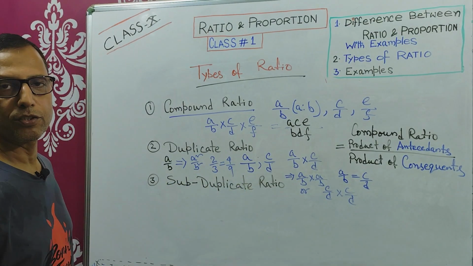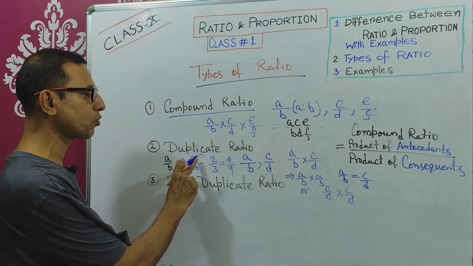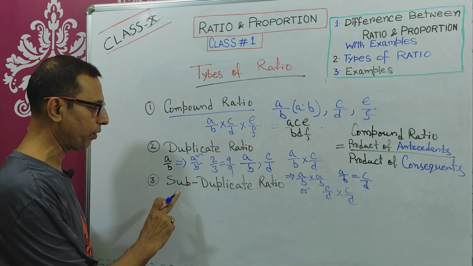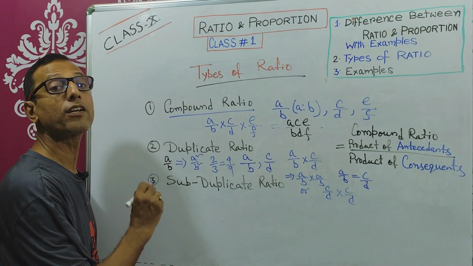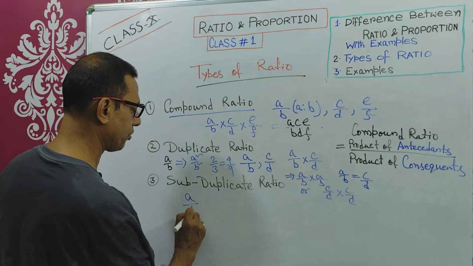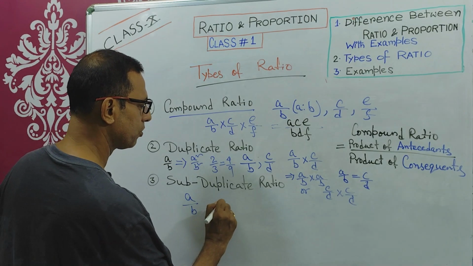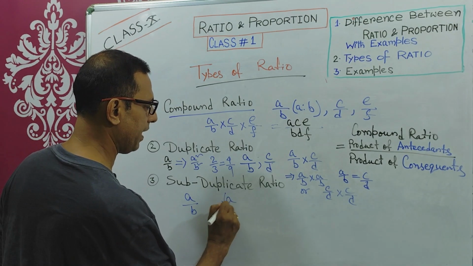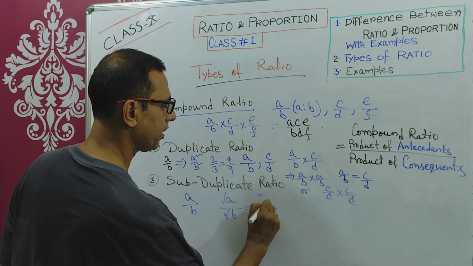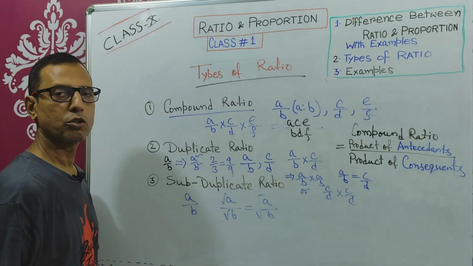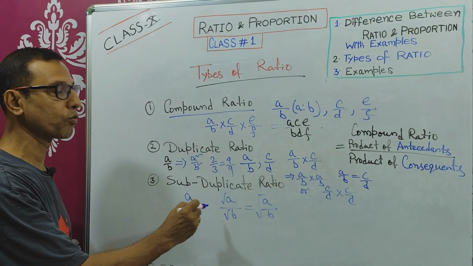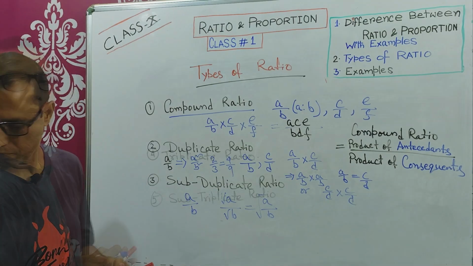Now sub-duplicate ratio: the square of the ratio is the duplicate ratio, and the sub-duplicate ratio is the square root of that ratio. The sub-duplicate ratio of A by B will be square root of A by square root of B, or you can say square root of A by B. So duplicate is squaring that ratio, sub-duplicate is the square root of that ratio, right?